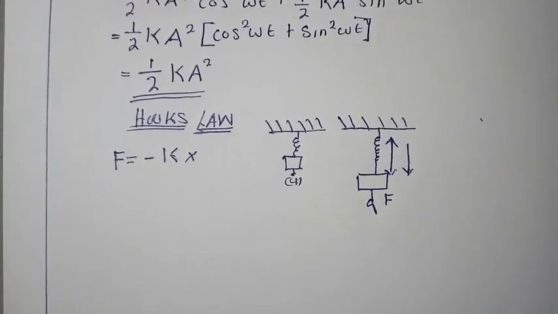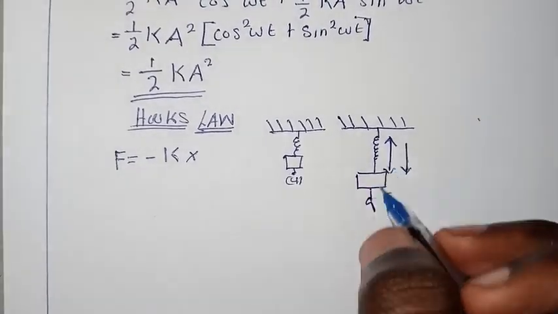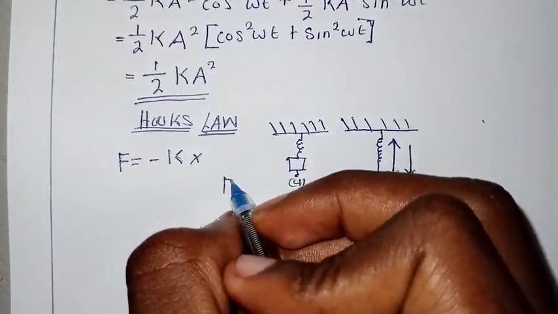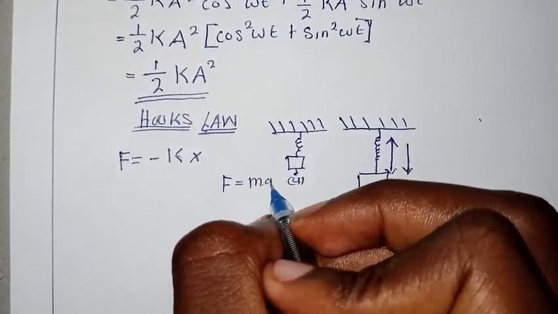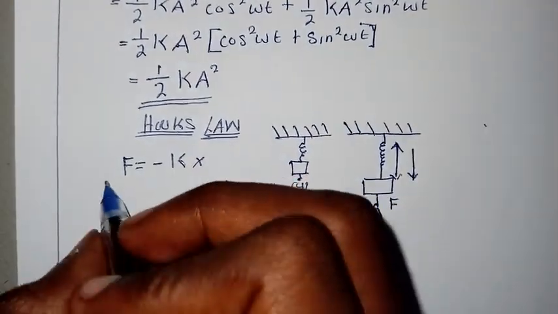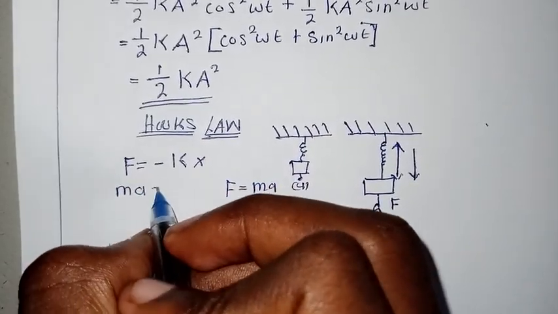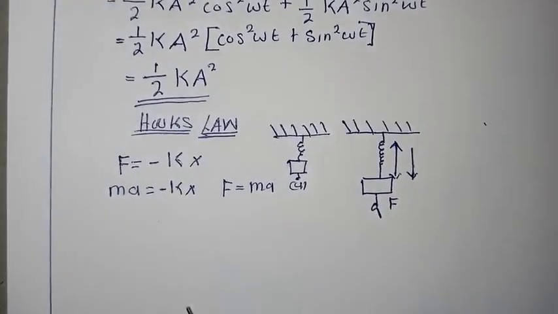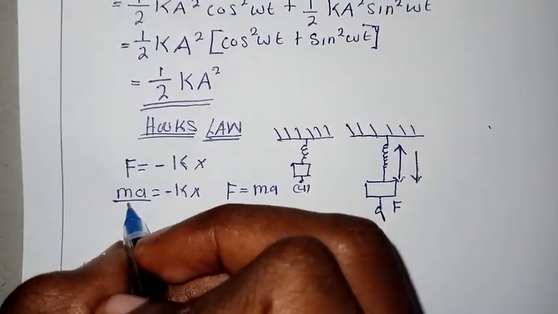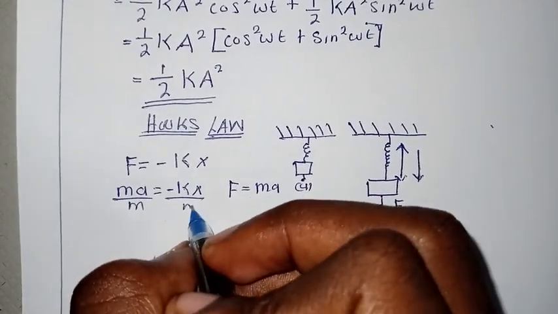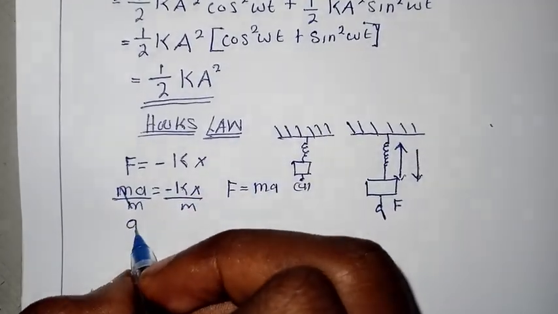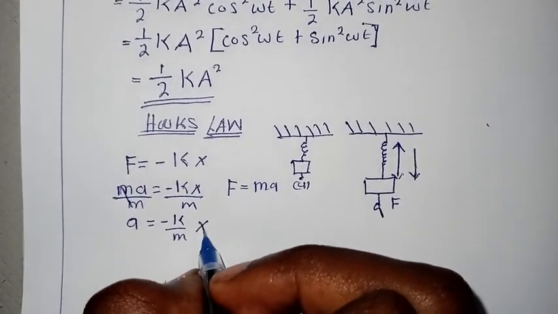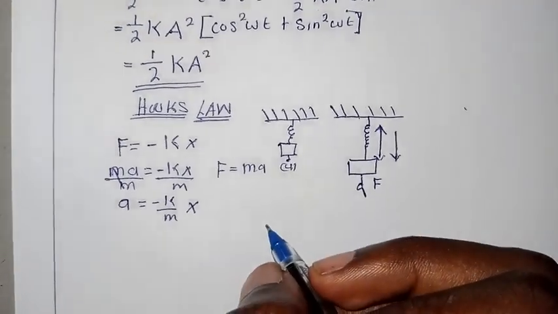Now, assuming that this object is accelerating downward, it's in motion, we know that force is equal to MA. Therefore, we can replace F with MA here and simply have negative KX. Now, if we do that, we can simply cancel out M over M so that we can have A equal to negative K over M of X. Now, remember that formula that I showed you?